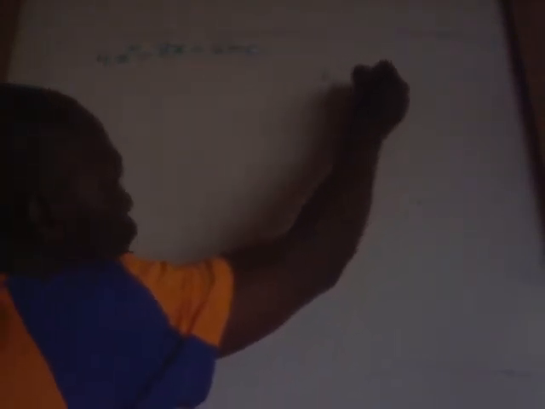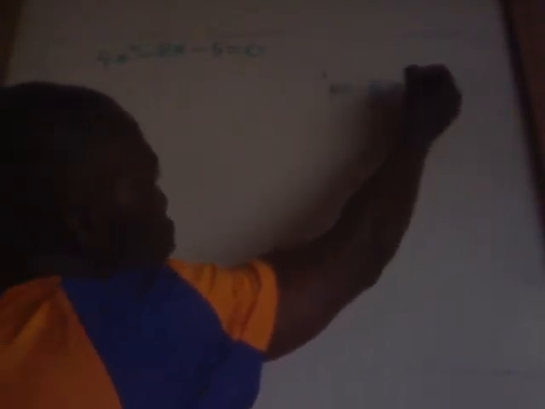We carry the sign with it. So 4 times minus 5 equals minus 20. That's step 1.